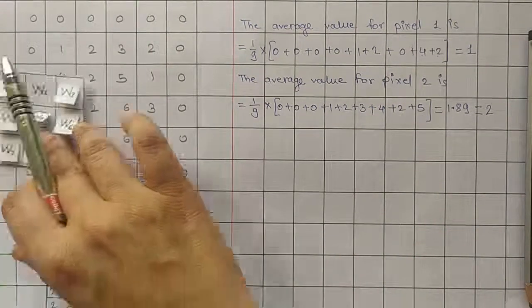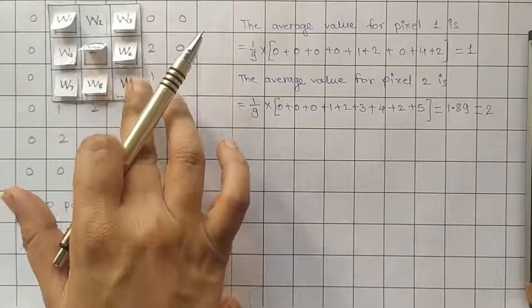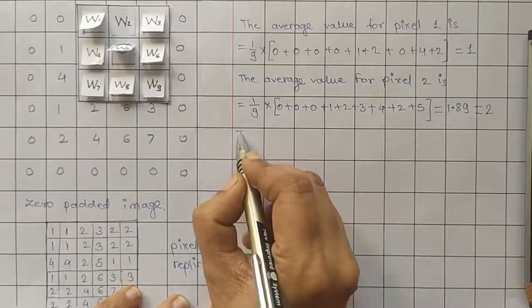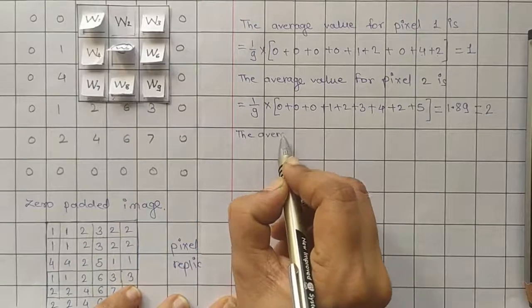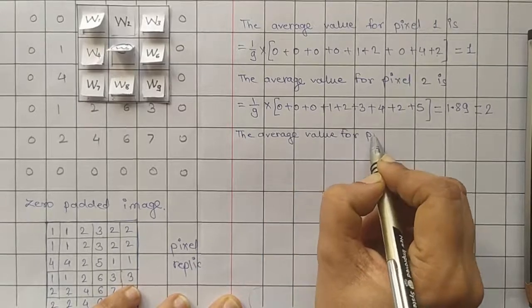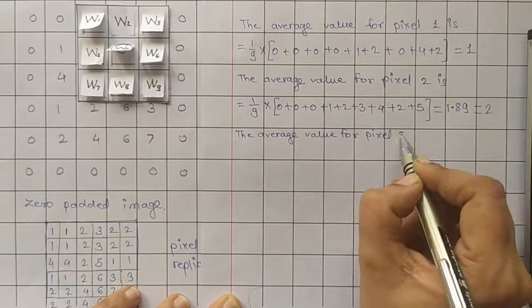Likewise, after doing this, we shift our mask to the next position and calculate the average value for pixel 3.